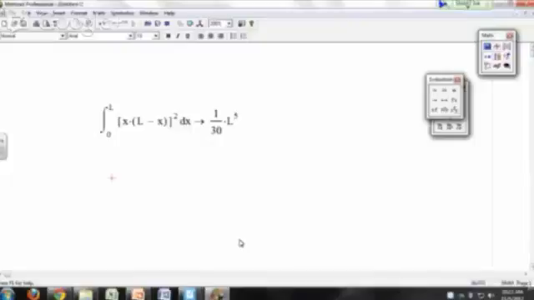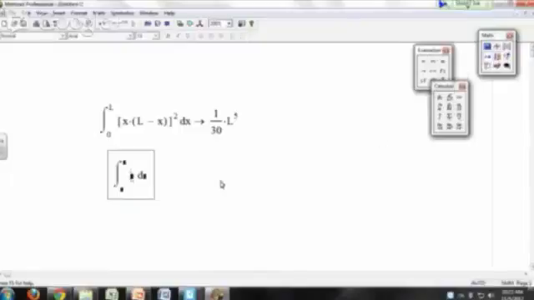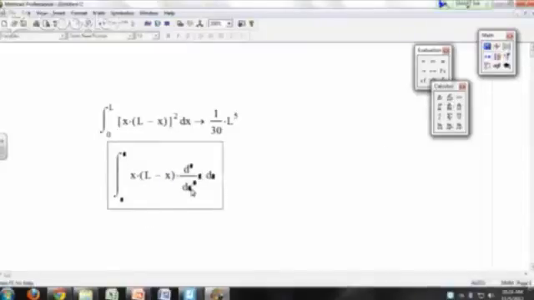And what's the other one we have to do? The numerator. So this is your denominator. What's your numerator? Integral of x times (L minus x) times, what's our Hamiltonian? We have to take the second derivative with respect to x of x times (L minus x).